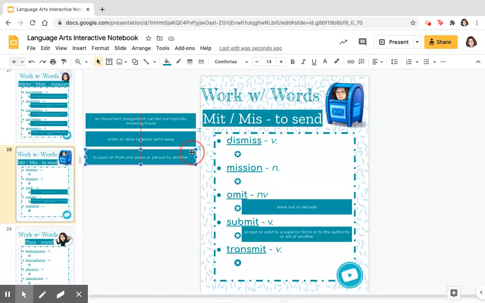Sub means to go under. Think of a submarine. It goes underwater. So you are saying that you are yielding or going under the belief of a superior source. To pass on from one place to another is to transmit.